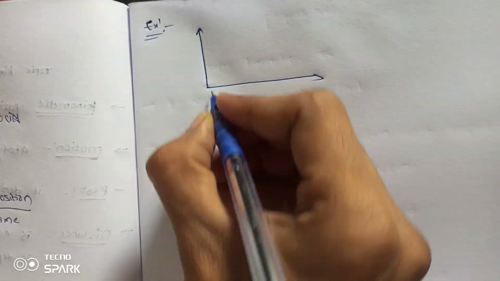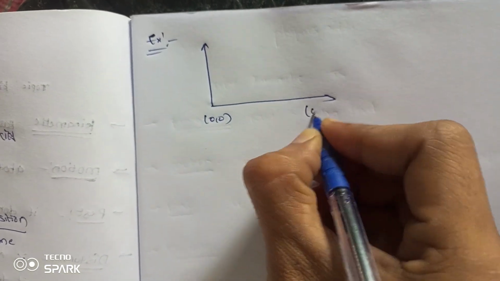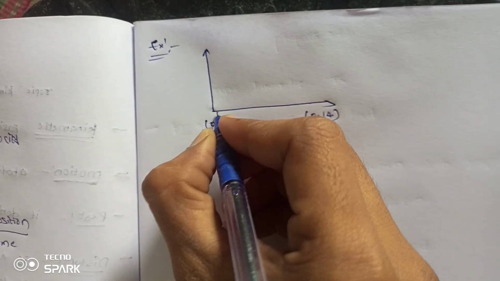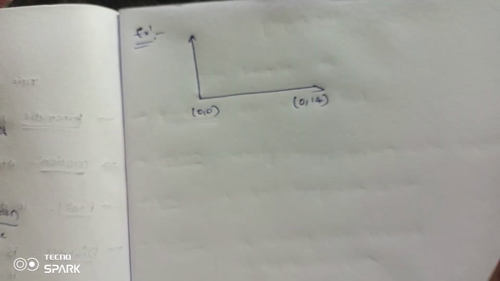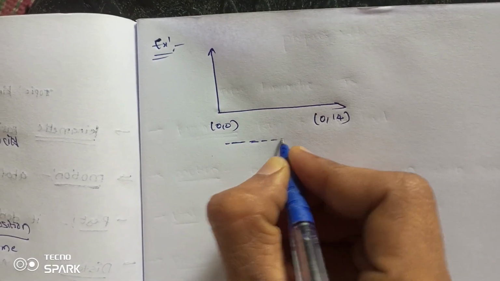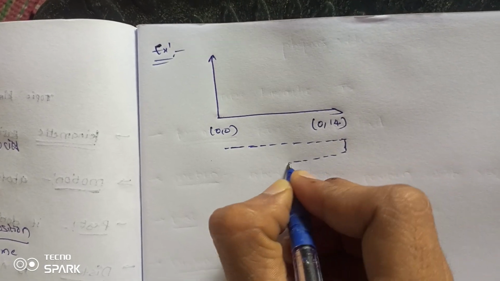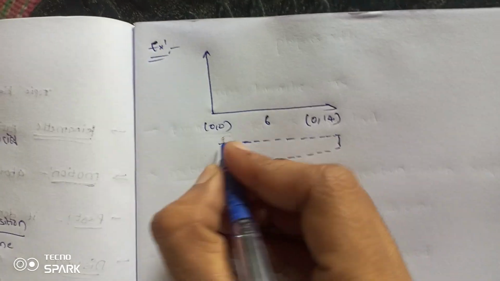And let me explain with a small example. A man travels from 0 to 14 and returns back to 6.